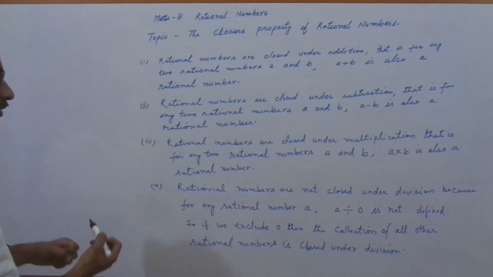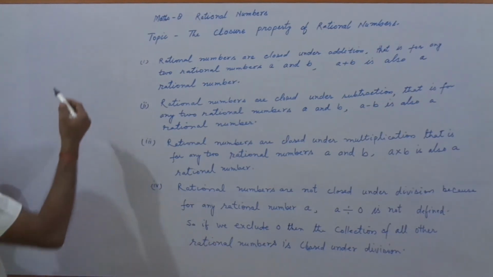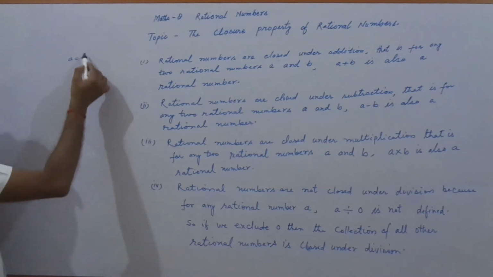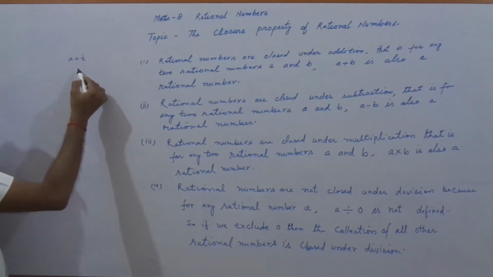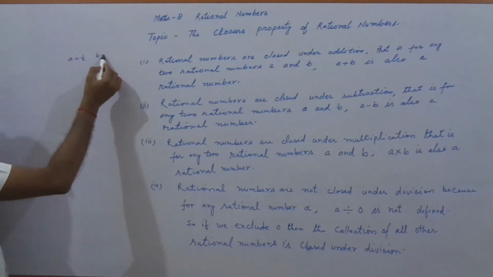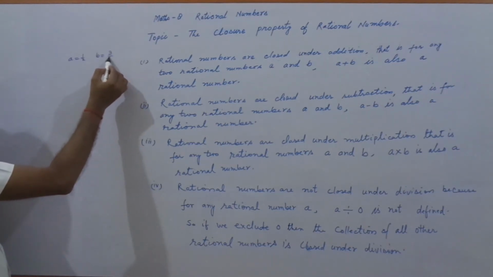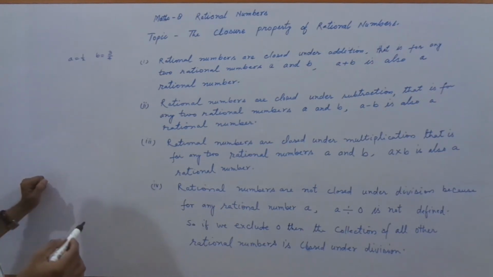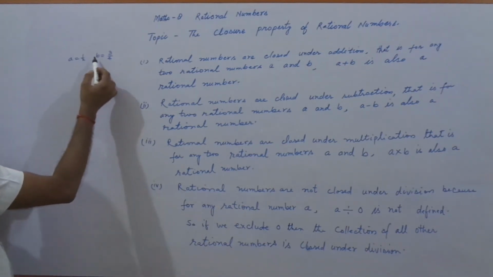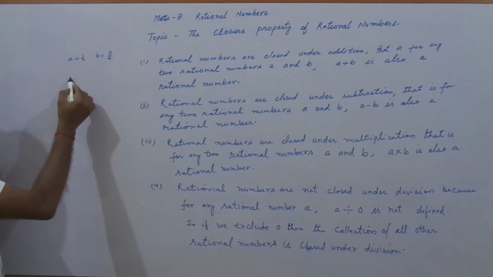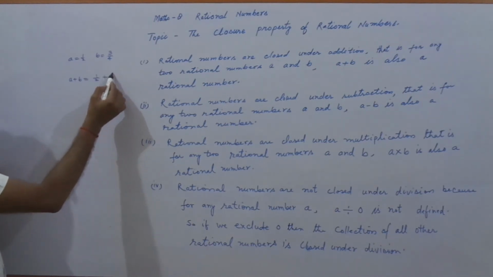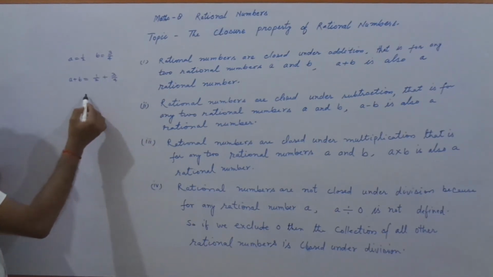Let's check it for some values of a and b. Take a equal 1 by 2. 1 by 2 is a rational number. And take b equal 3 upon 4. 3 upon 4 is also a rational number. So a and b are rational numbers. If we add a and b, then we get a plus b equal 1 upon 2 plus 3 upon 4.